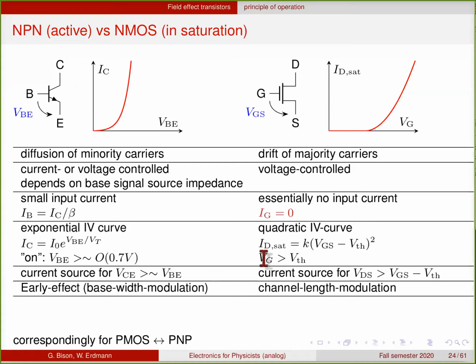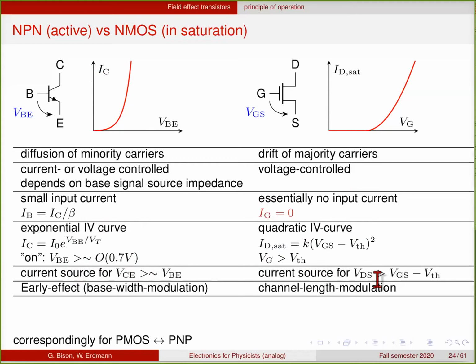Here your gate voltage, or your gate source voltage to be precise, must always be higher than the threshold. This is where this starts. And here you have this effective threshold, which is typically of the order of 0.7 volts, which comes from the steepness of this curve. So if you want to operate a bipolar transistor as a current source, then you must make sure that the collector emitter voltage is higher than the base emitter voltage.